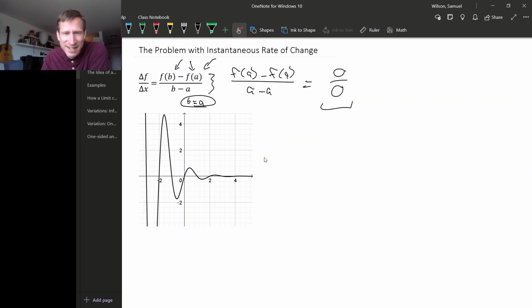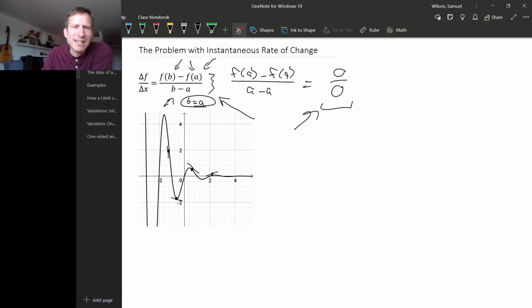Even in a case like this, no matter what a is, anywhere on this graph, there is some slope of a tangent line. But this ratio that we would like to use to calculate our slope is always going to give us 0 over 0, no matter what a is, no matter where we are on this graph.